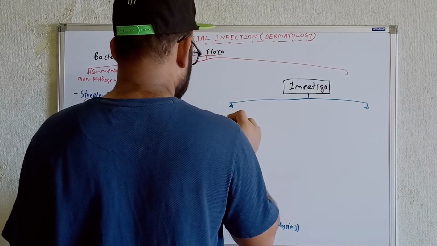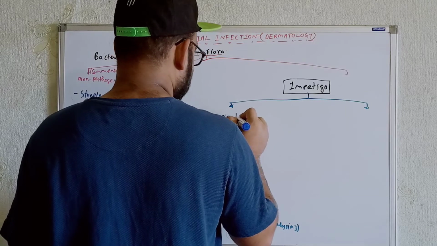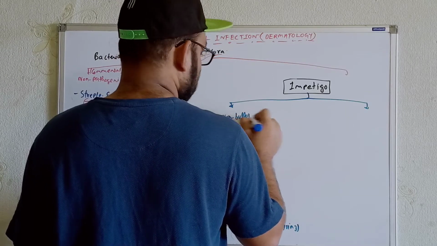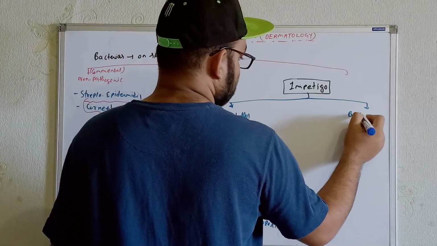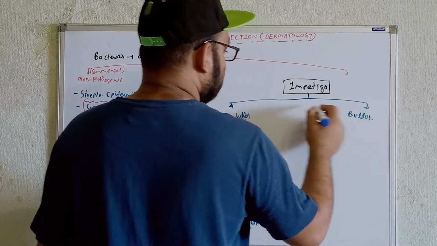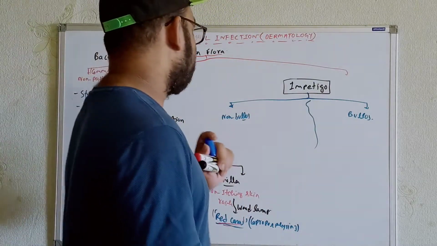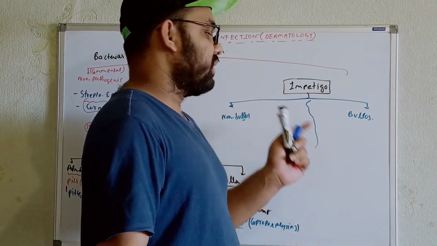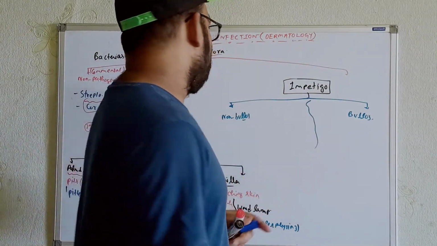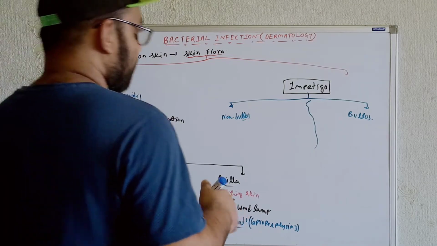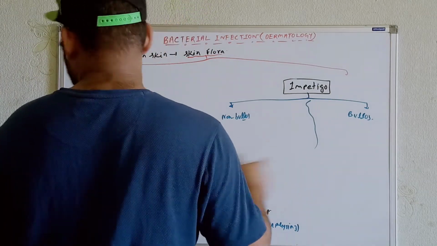Now we'll talk individually about the different kinds of causative agents, the different kinds of clinical manifestations, and the different types of treatment for them. So for that I need more space. Okay, let's write it over here in this place.